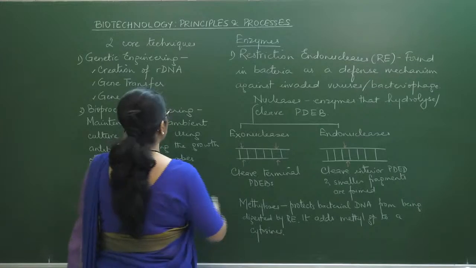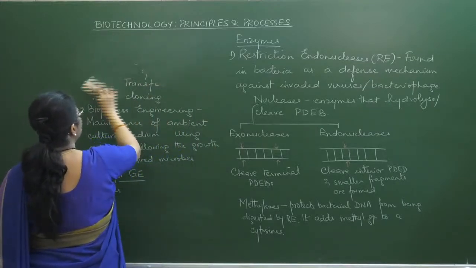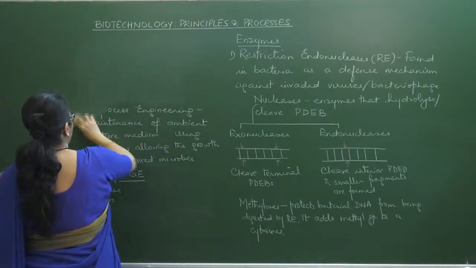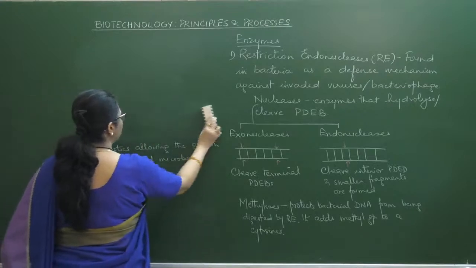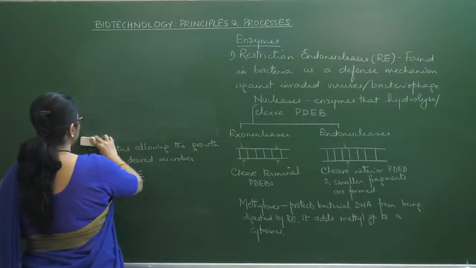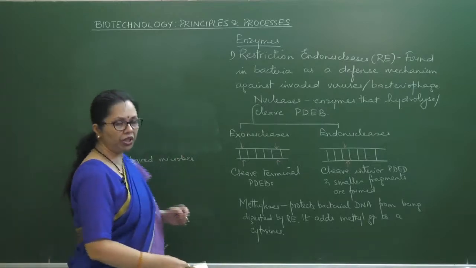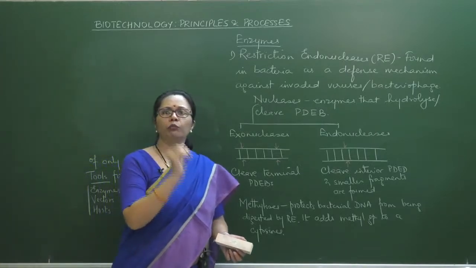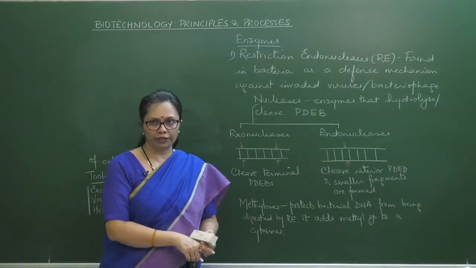Now coming back to restriction endonucleases. Now restriction endonucleases are very specific. Without going into much detail, let me just mention one thing, that restriction endonucleases type 1, type 2, type 3 are there. Type 2 are the most specific, and for genetic engineering, type 2 restriction endonucleases are used.